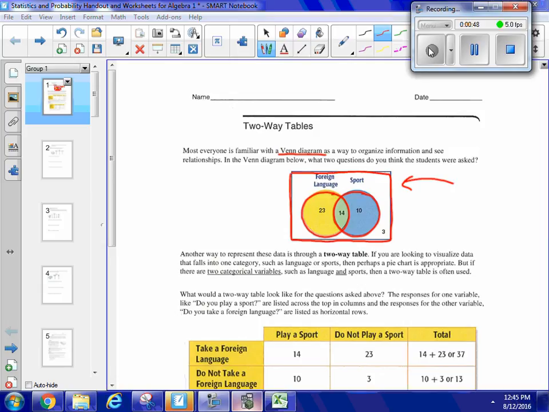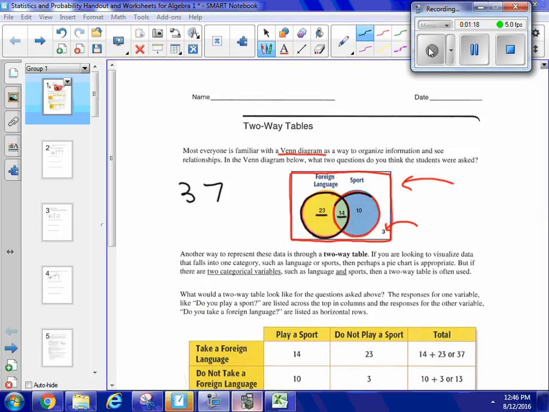And this little 3 right over here is telling us that 3 students don't play a sport and they don't take any foreign language. Well, how many students are taking a foreign language? I'm going to look inside this circle right here. There's 23 in the yellow and 14 in the green, so that would be 37. And how many students play a sport?